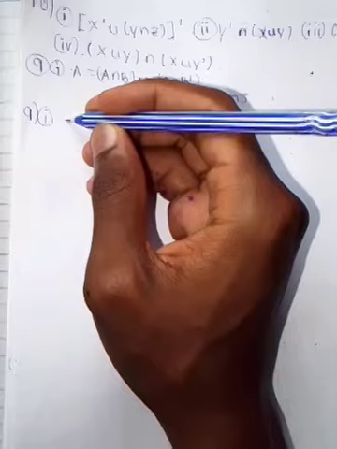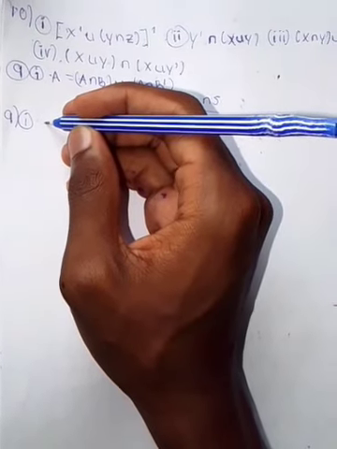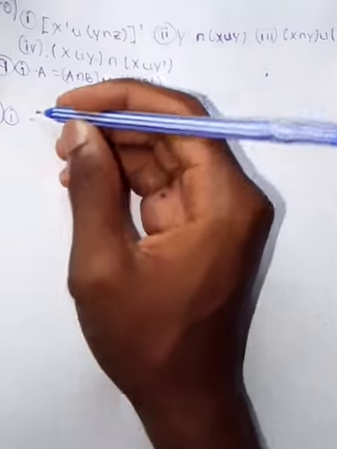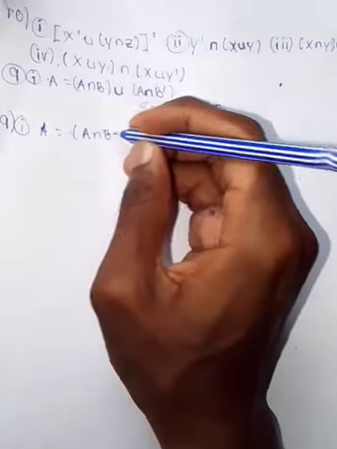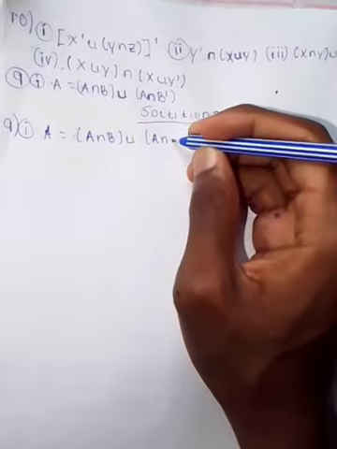they want us to show that A is equal to A and B union A intersection B complement.